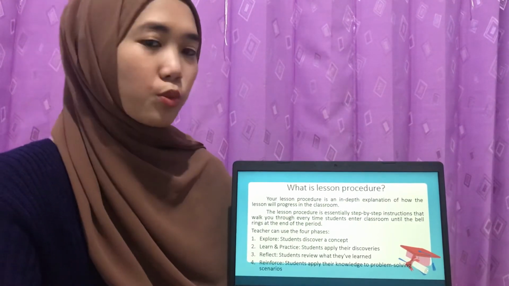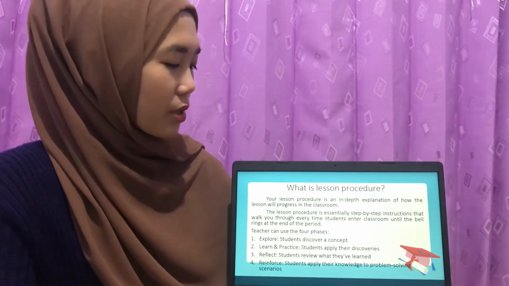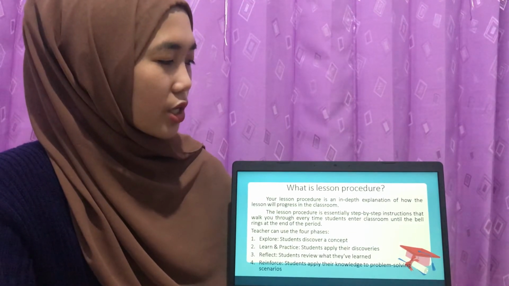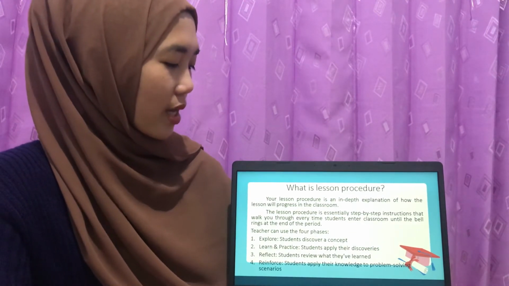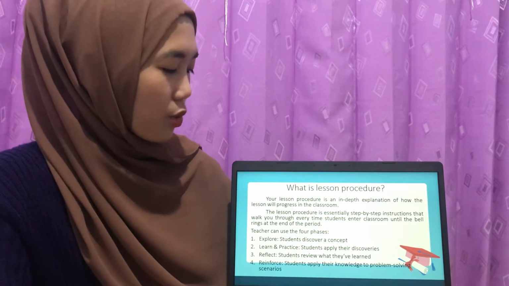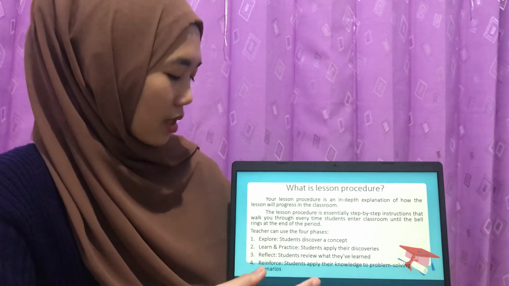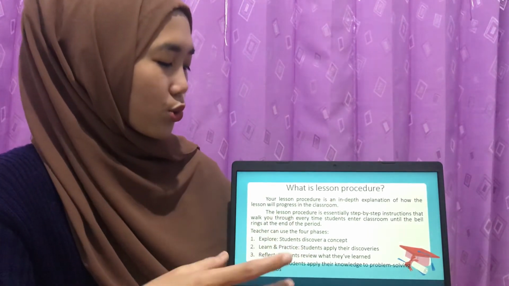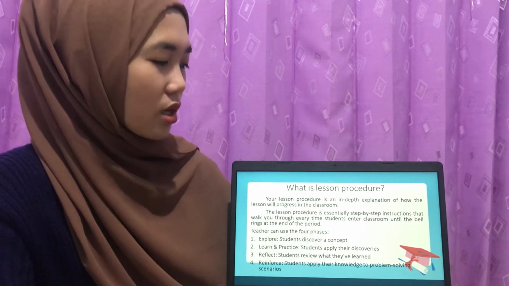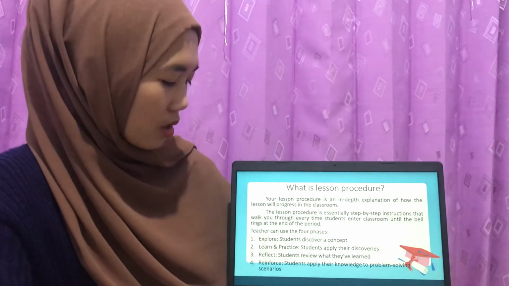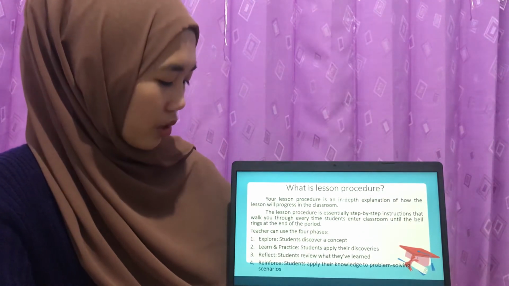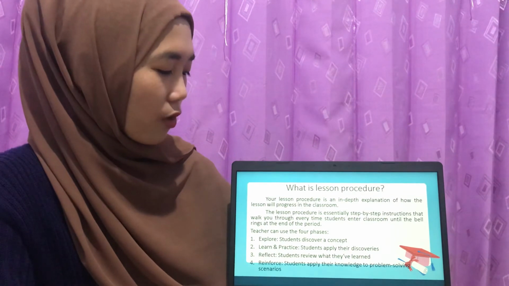And what is lesson procedure? Your lesson procedure is an in-depth explanation of how the lesson will progress in the classroom. The lesson procedure is essentially step-by-step instruction that walks you through every time students enter the classroom until the bell rings at the end of the period. Teachers can use the 4 phases.